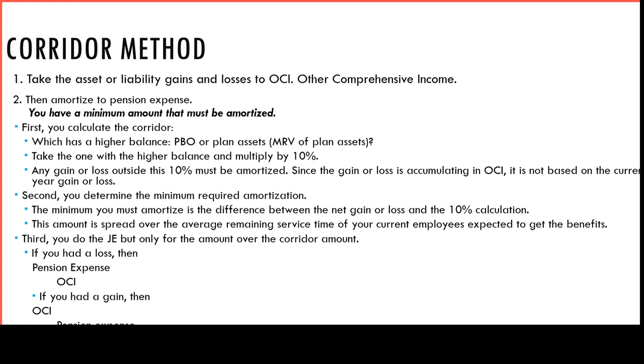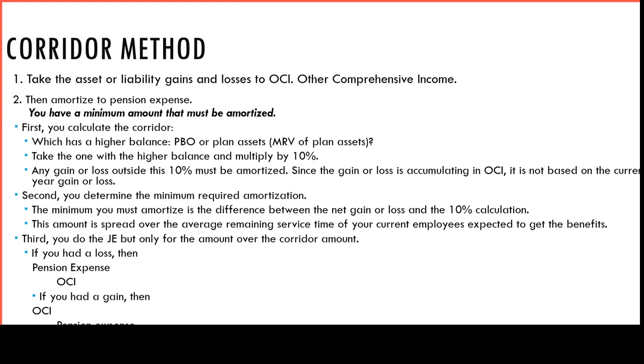So here in the first bullet, you have a loss. Then you're going to be crediting the OCI, or if you've already closed it into AOCI, credit AOCI and take it out to pension expense. If you have a gain, you are going to be taking it out of OCI, and it showed up as a credit in OCI, so you'd be debiting OCI, or if you've already closed to AOCI, and you are going to be crediting pension expense.